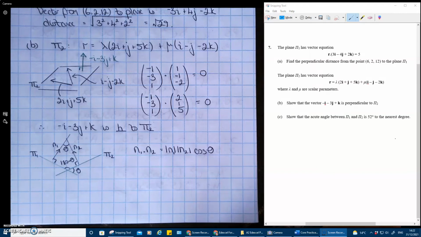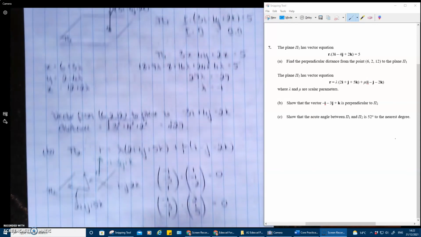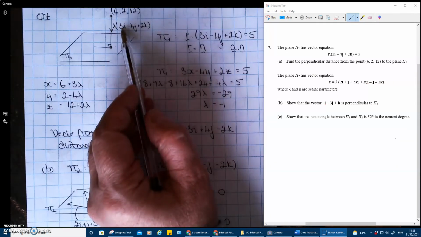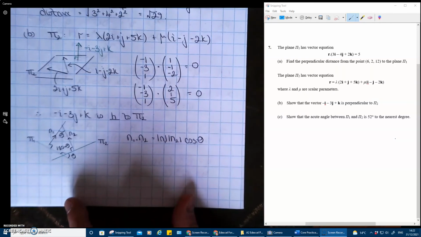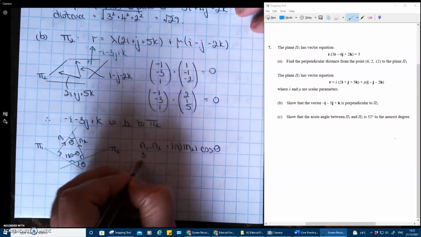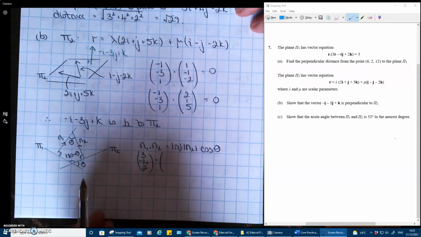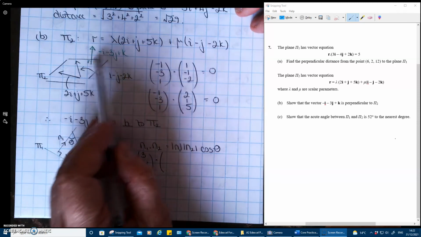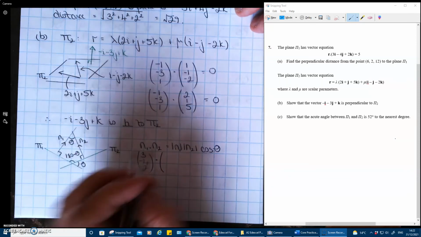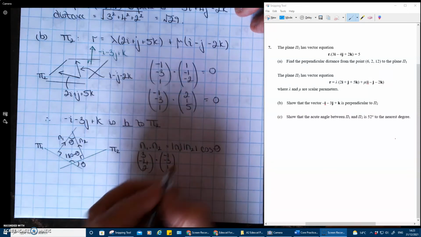So I've got N1 from earlier, which was given to us, it's this one here, 3, minus 4, 2. The normal on the second one is here, minus 1, minus 3, 1.